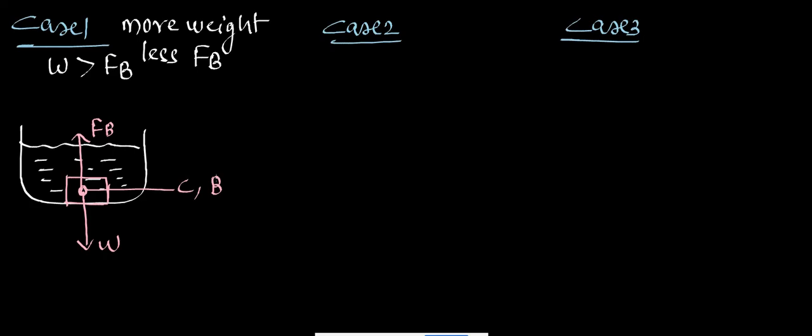Weight is acting at center of gravity, so buoyant force also will act at that point. Always, whichever case you take, case 1, case 2, case 3, the center of gravity point and center of buoyancy point will coincide. That means they will always be at the same position. Is this clear? So what happens to the body position?